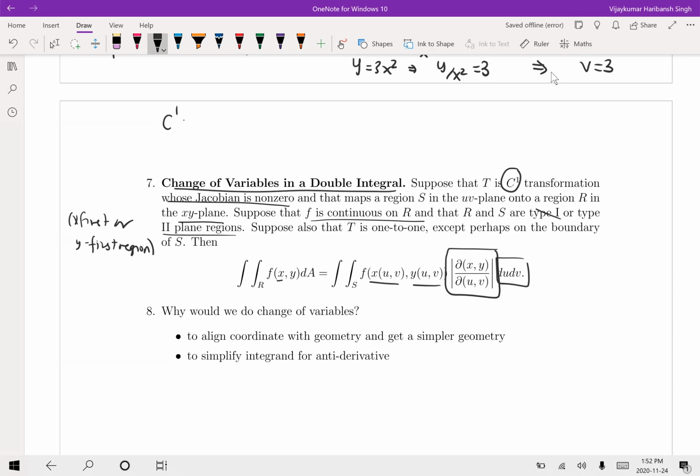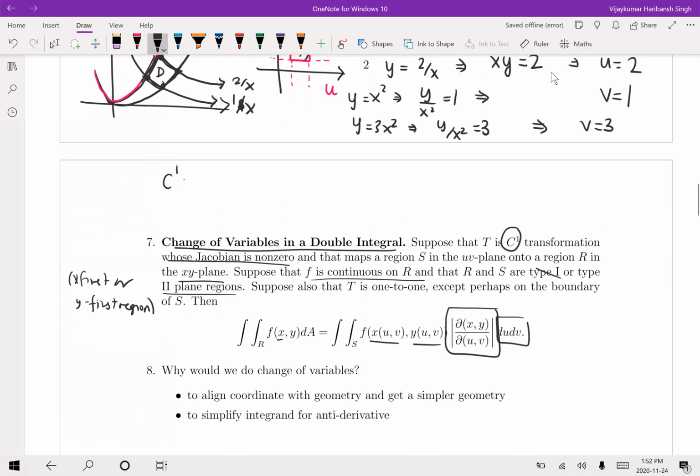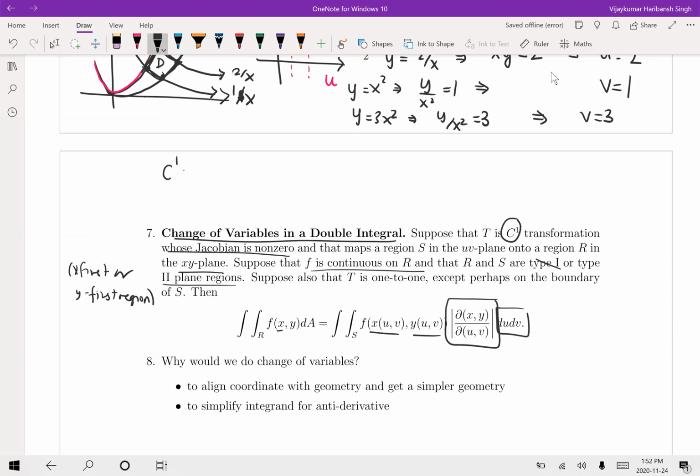Okay. So computing this Jacobian becomes interesting now. We have already seen this in cylindrical coordinates and in polar coordinates: we have already seen dA equals r dr d theta.